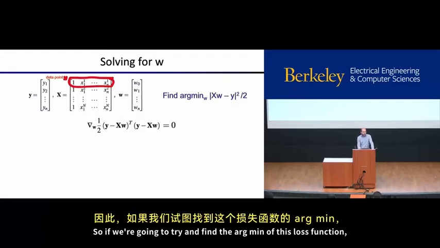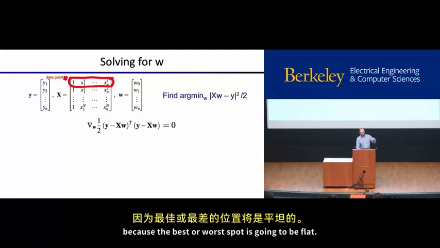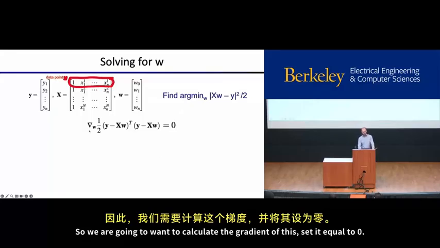So if we're going to try and find the argmin of this loss function, then the gradient there, which is basically a multidimensional derivative, will be 0, because the best or worst spot is going to be flat. So we are going to want to calculate the gradient of this, set it equal to 0.